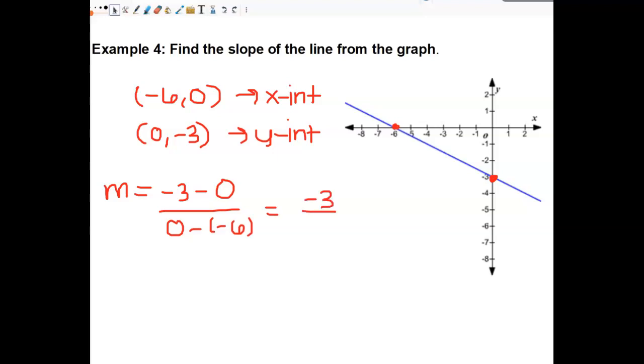So I get -3 over 6, which is -1/2, which tells me that this graph is going down 1 and over 2, down 1 and over 2, which means if that's -6, 0, this is the point -4, -1, and that would be the point -2, -2, which flows to give the point down 1 over 2 of 0, -3.